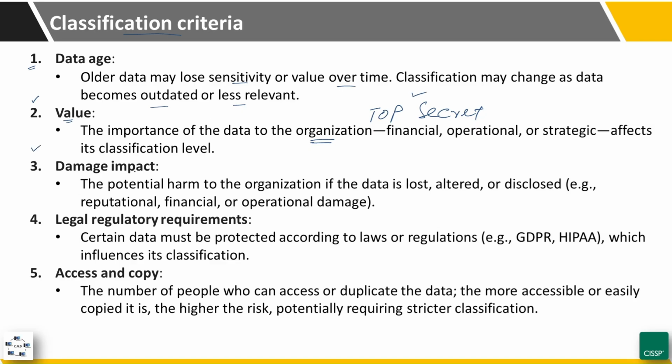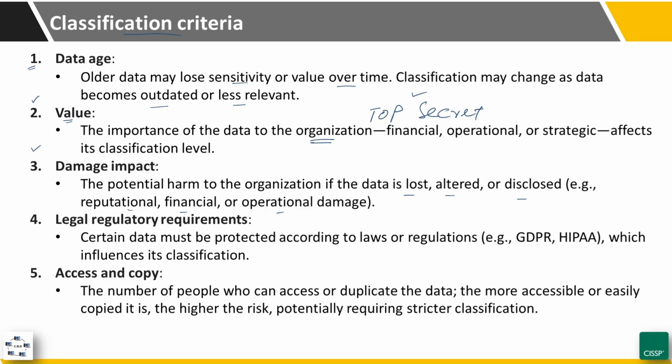Next is the damage impact. This is the potential harm to the organization if the data is lost, altered, or disclosed, for example reputational, financial, or operational damage. Again, this is related to value.